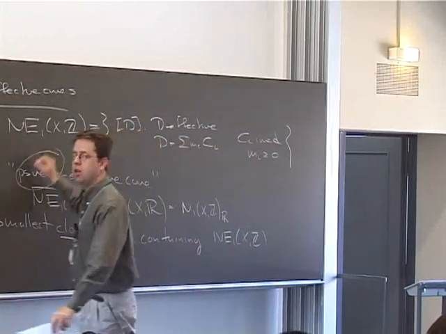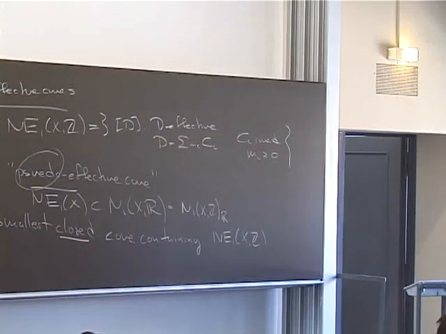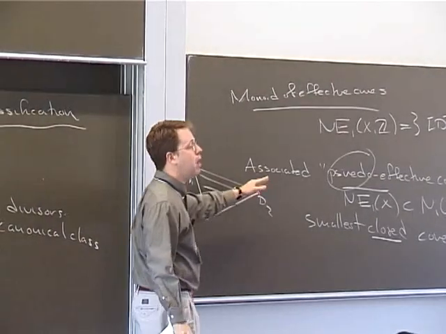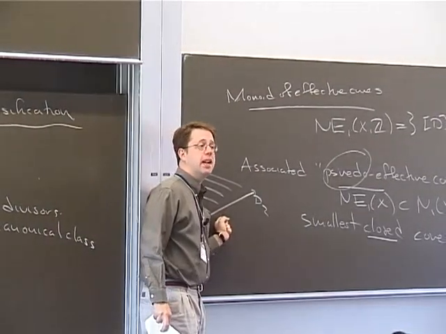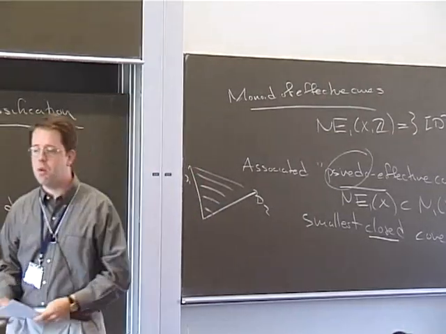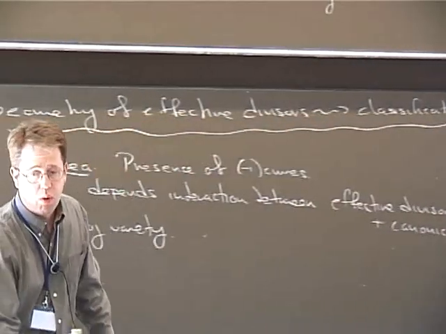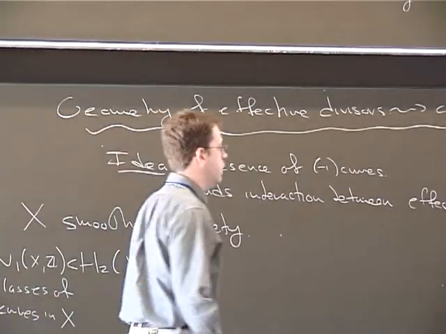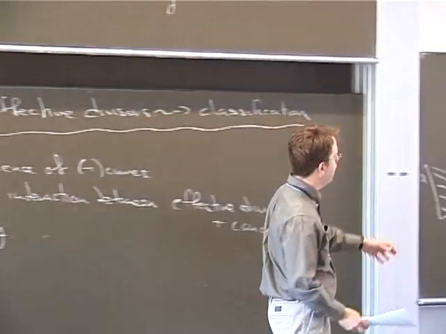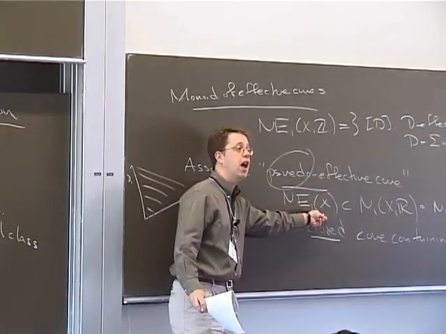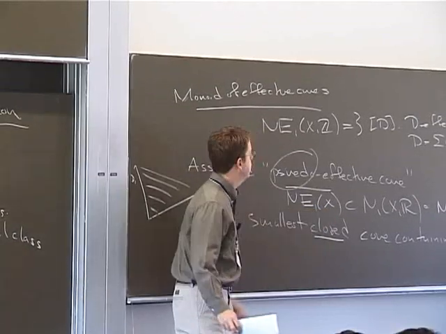The qualification 'pseudo' is because in general, there may be things at the boundary of this which are not actually represented by effective divisors. In our situation, we won't come across that because we're focusing on rational varieties. In fact, we're focusing mostly on del Pezzo surfaces, but in general, this may have lattice vectors that are not represented by effective divisors.